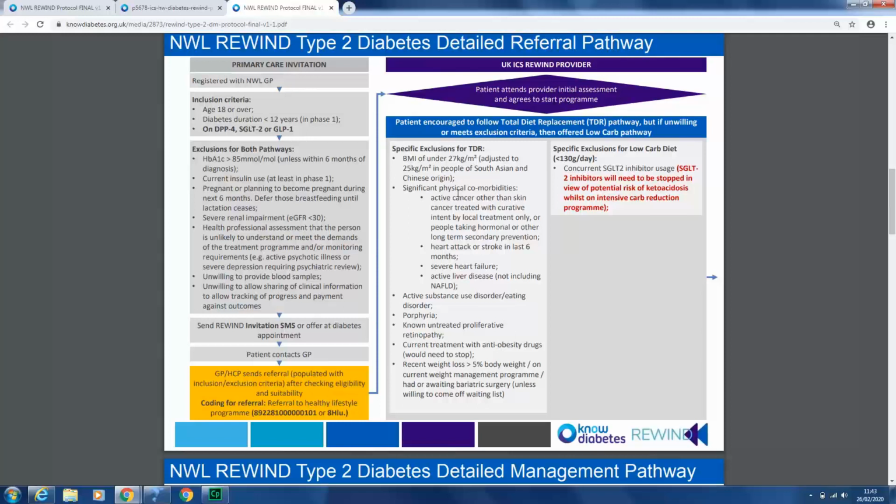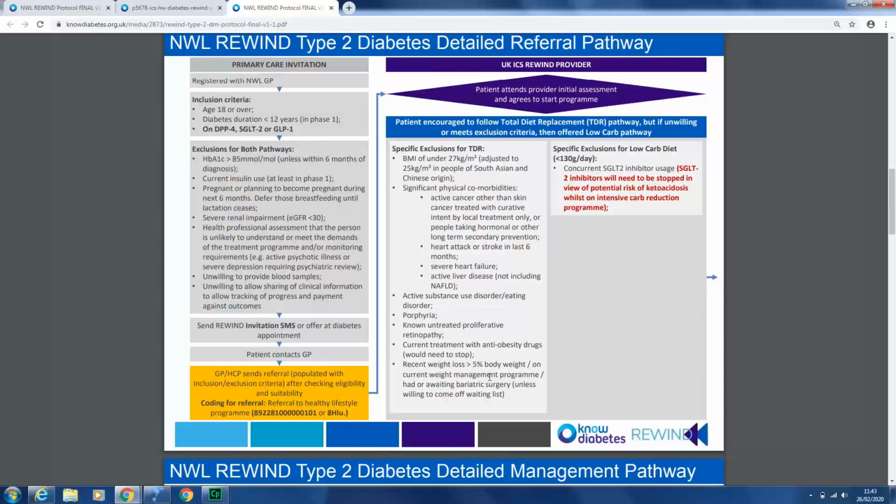They can't have active cancer other than local skin cancer, have had a heart attack or a stroke in the last 6 months, have severe heart failure or active liver disease other than non-alcoholic fatty liver disease. They can't be substance users or have an active eating disorder, porphyria, untreated proliferative retinopathy, or be currently treated with anti-obesity drugs, but they could stop those if they're on them at the moment.